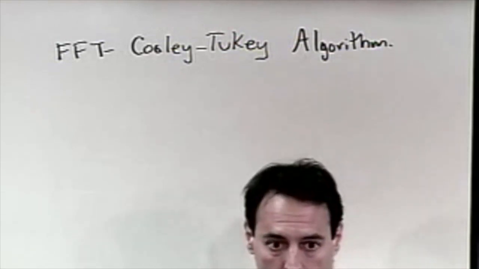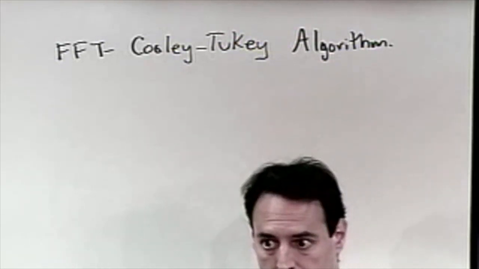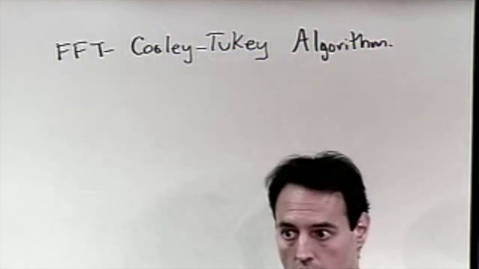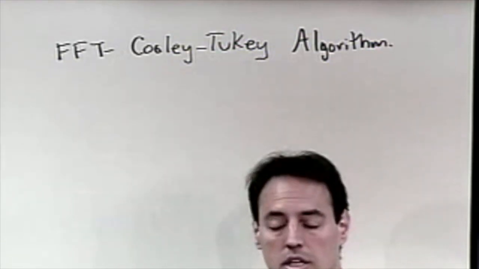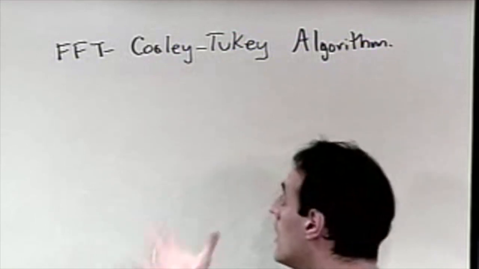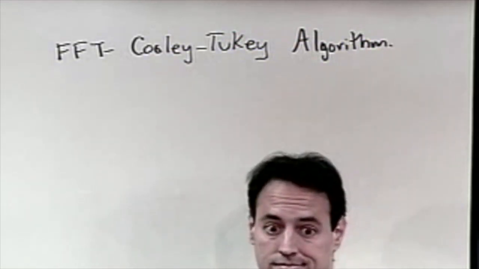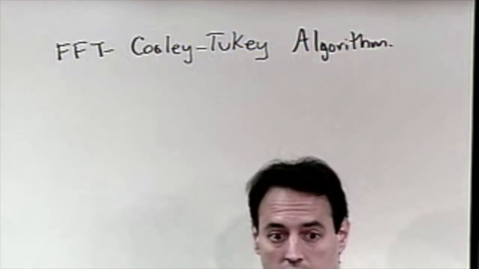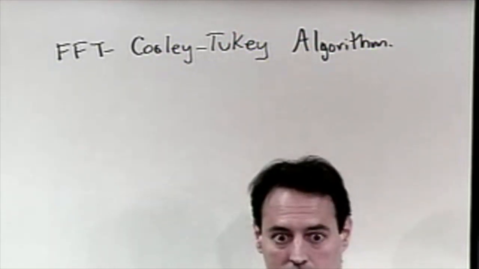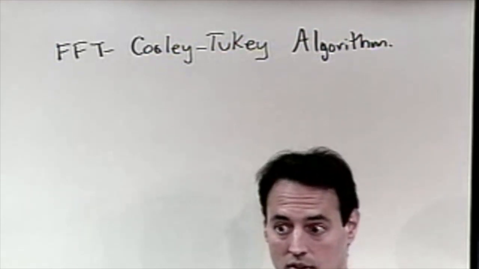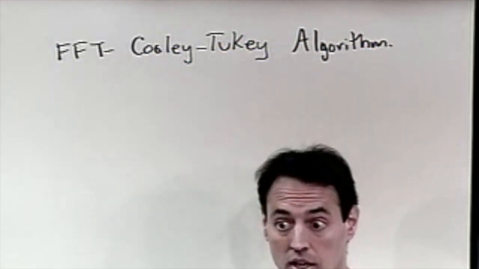They came up with this algorithm somewhere in the mid-60s, and it really revolutionized things. Partly because at this point in history, if you did anything, it was going to cost you order n squared, guaranteed. All of a sudden, they came up with this algorithm, and for the first time you drop down to order n log n. That's an amazing improvement in speed.